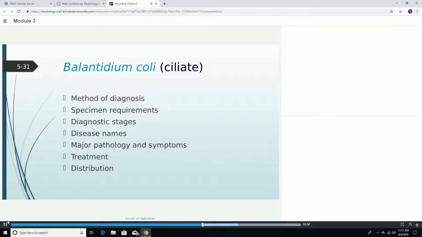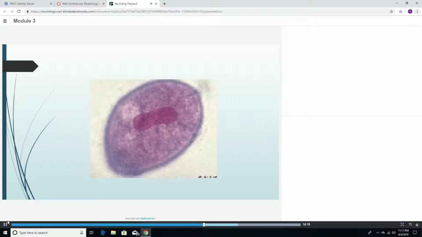Disease names are balantidiasis or balantidial dysentery. The disease may be asymptomatic, but when symptoms occur, they're usually abdominal discomfort with mild to chronic recurrent diarrhea or acute dysentery. A person who's healthy is less likely to develop an illness, and Balantidium coli is found worldwide.